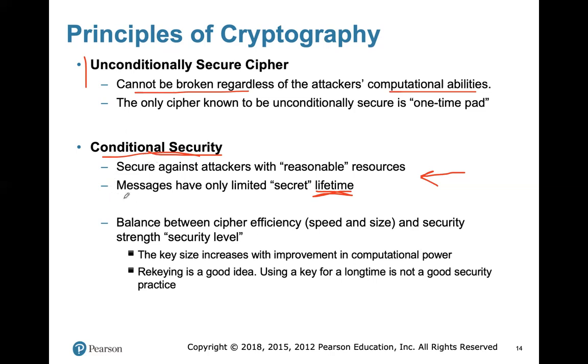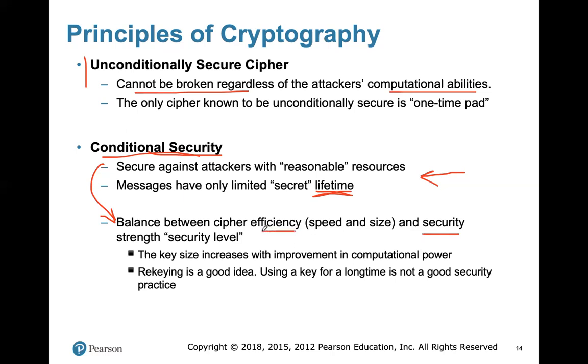The good thing they give us is that if you agree that you don't need pure, unconditional, or absolute security, and you accept that conditional security might be good for you, then you give the developer the option to establish a trade-off between security and efficiency.